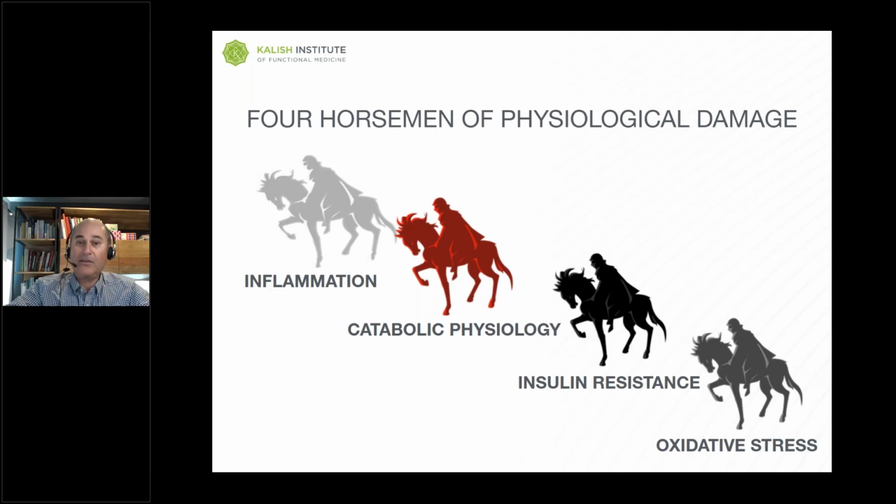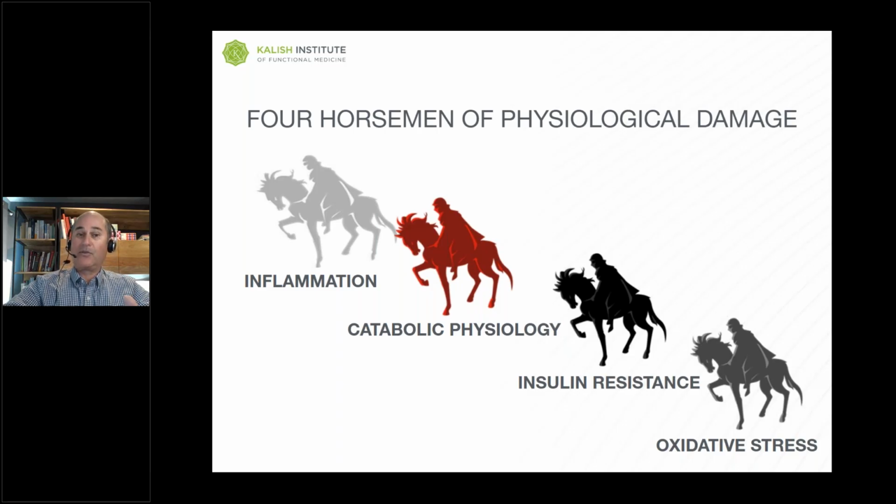So it's easy to look at this from a systems point of view and from a big picture point of view of what's the physiological damage that's occurring in the patient. Are they inflamed? Are they catabolic? Are they insulin resistant? Do they have a lot of oxidative stress? Inflammation, on this test, you can see specifically neuroinflammation, which is pretty amazing. Catabolic physiology means that the stress response is engaged, and this test checks for the catecholamines that are elevated during stress.